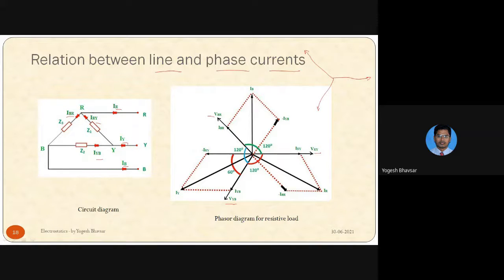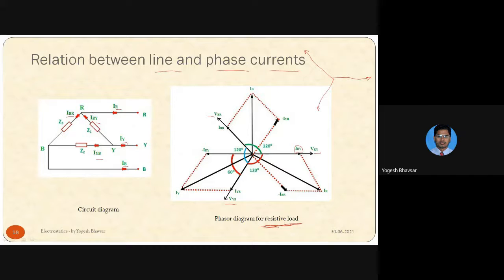Now let us consider the phasor diagram for resistive load. We know that for resistive load, the current and voltage are in phase. Any branch voltage is a phase voltage, so IRY is in phase with the voltage.